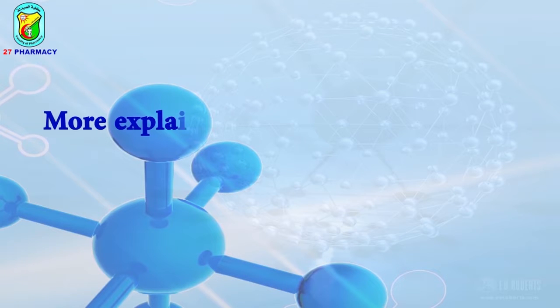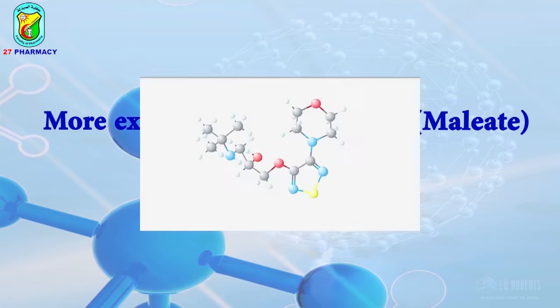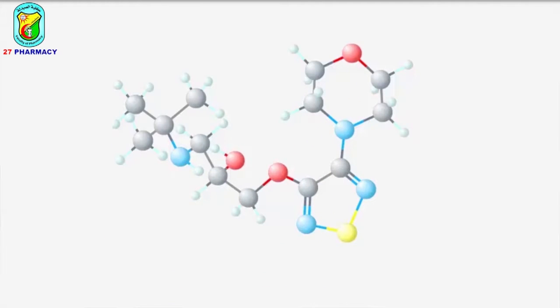Now we will talk about S-timolol maleate. Structure of S-timolol maleate: timolol has a molecular weight of 316 grams per mole. We will see the structure of S-timolol maleate in 3 dimensions with movement now.